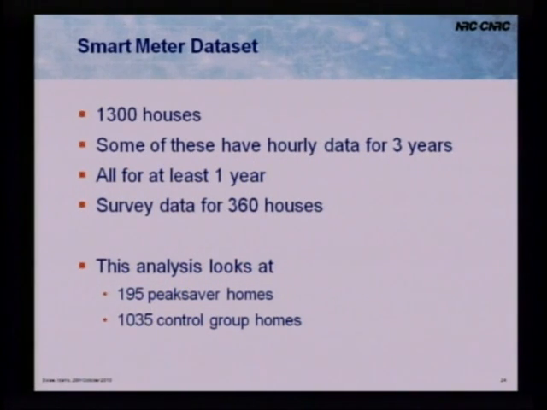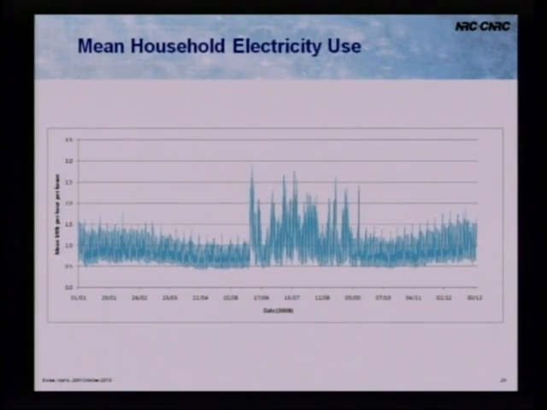If we look at the mean energy use of a house, and again, the graph quality is not that great, but we get a good idea. In the winter months, so at the start of the year and at the end of the year, our energy load is a lot greater.